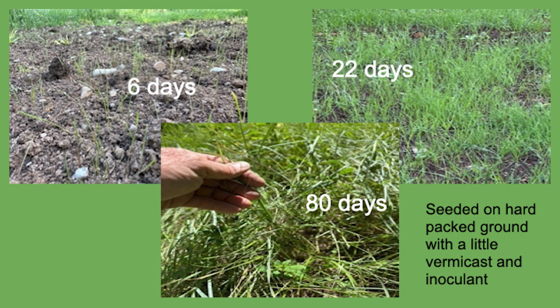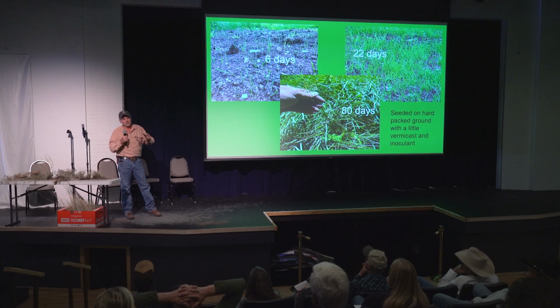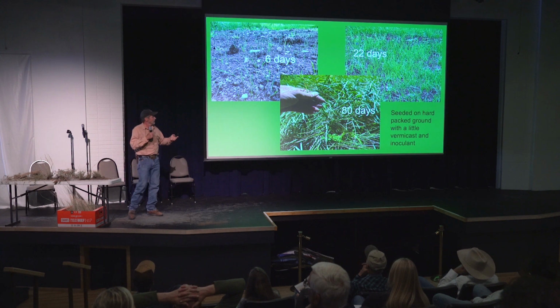At 80 days, it's fully established. So that was too easy. Then I thought, you know what? I'm going to wait till it gets hot, dry, and the rain shuts off. Well, that didn't happen either this year. But I did do some trials on some bare ground. I'd seeded these on July 9th, thinking maybe the rain will shut off, so I gave them very little water.